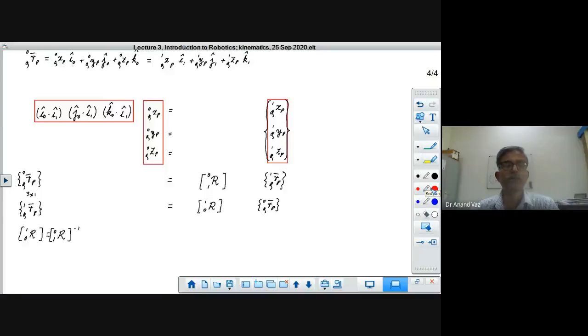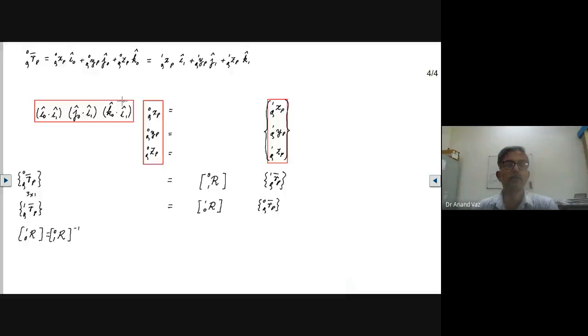So this is this component multiplied by this, that is, when you take the dot product on both sides, then we get the next one.